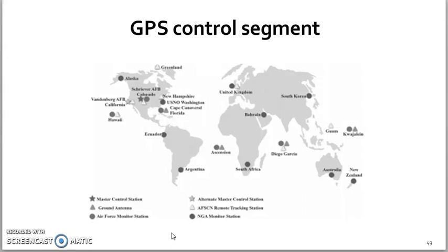These ground antennas communicate with the satellite using S-band, and they transmit the navigation data uploads, program loads and command signals to the satellite and receive telemetry data. So you can see it has the master control station and the control segment.